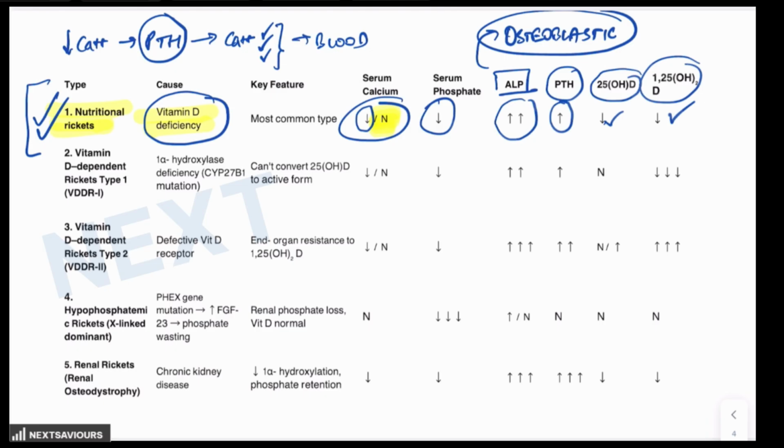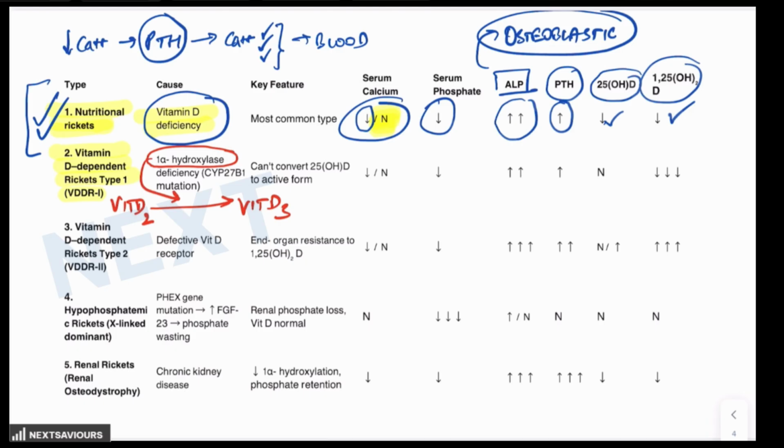Another type of rickets is vitamin D dependent rickets type 1, that is VDDR type 1. The basic reason for VDDR type 1 is the deficiency of the enzyme 1 alpha hydroxylase. As you know, vitamin D2 is converted into vitamin D3 by this enzyme, 1 alpha hydroxylase, which is present in the renal parenchyma.